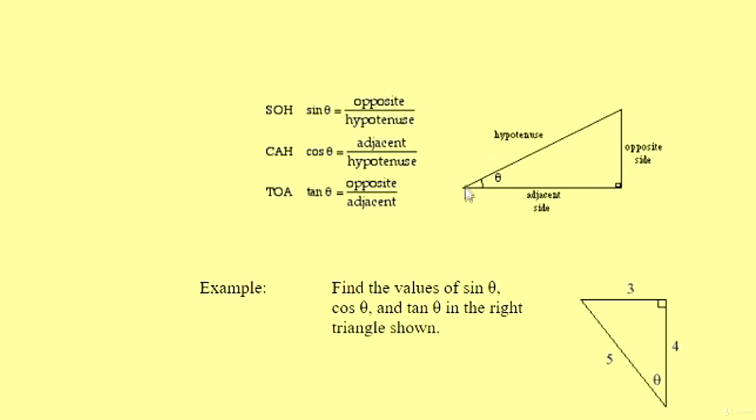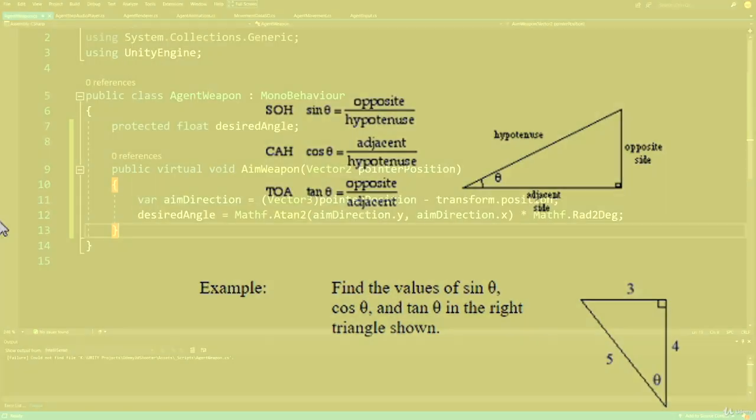And to calculate the angle itself, we can calculate the arctangent. So the arctangent will give us the value of this angle, and that's exactly what we want to calculate. So that is why we are going to use the method that we have used. So let's go back to Visual Studio.